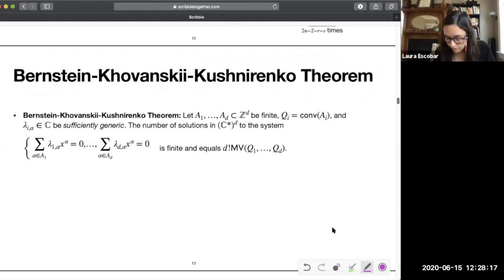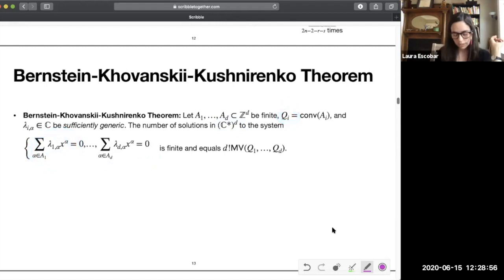It says that if you have d finite sets in Z^D, and you take the convex hull of those d finite sets, and you pick sufficiently generic coefficients, and I'll say a little more about sufficiently generic, but for now you should just think you pick coefficients randomly. Then consider the number of solutions in (C star)^D of the following system of equations. For those of you who think about Newton polytopes, the Newton polytope of this equation is exactly this polytope.